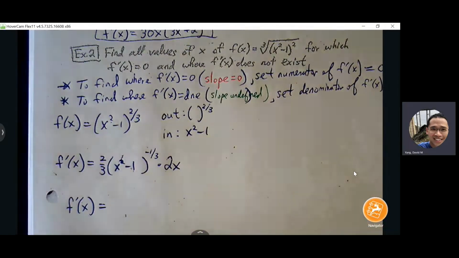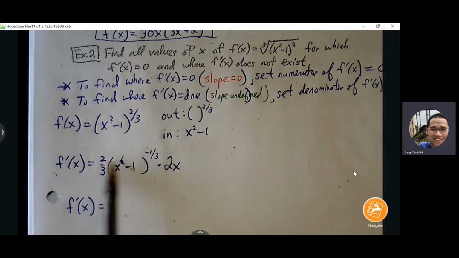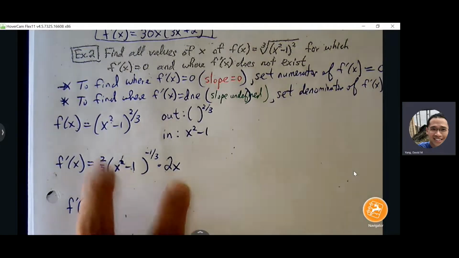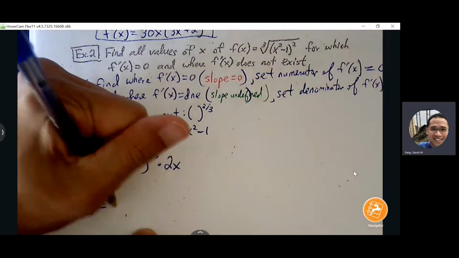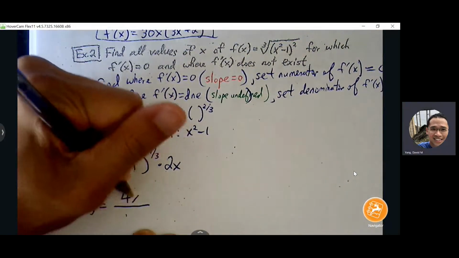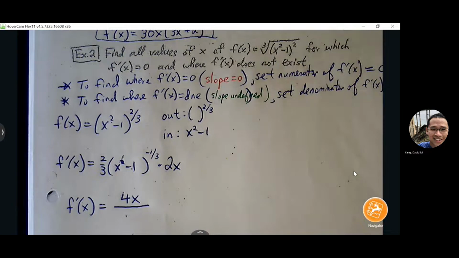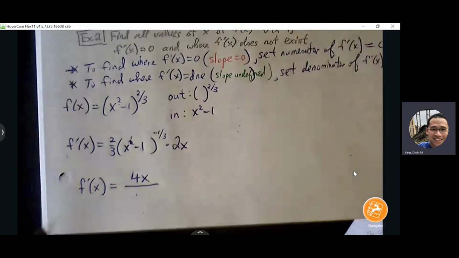All right. So I want to put the numerators together. What numerator terms can we combine? Yeah, the 2 and the 2x, right? These are numerator terms. I'll push them together and make it 4x. Everything's being multiplied and divided, so I can just push things together all into one fraction. And what goes in the denominator? Yeah, 3.